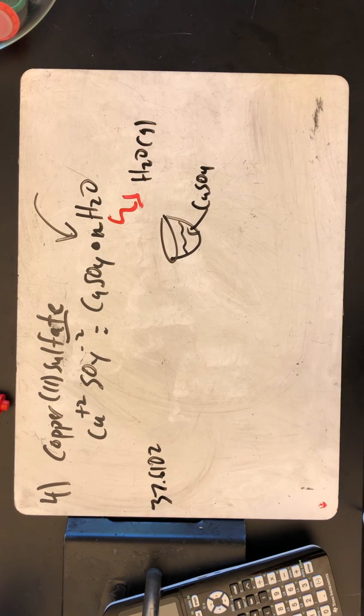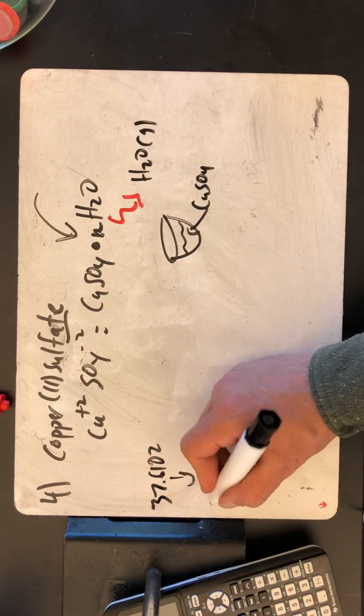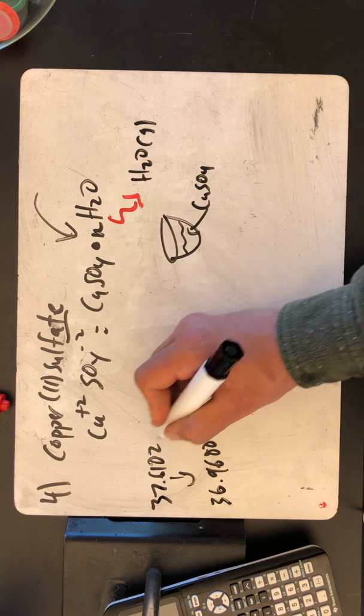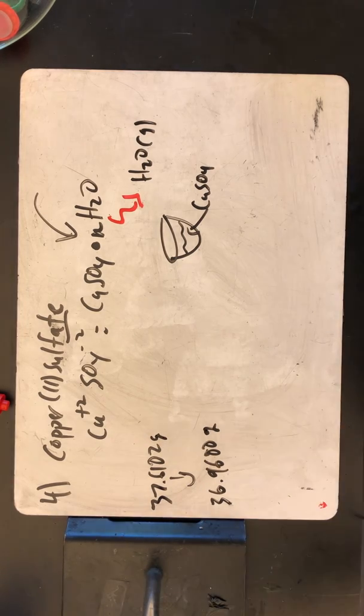And then we heat it to constant mass and we see that the mass stabilizes, and it eventually goes down and stabilizes at 36.9600.